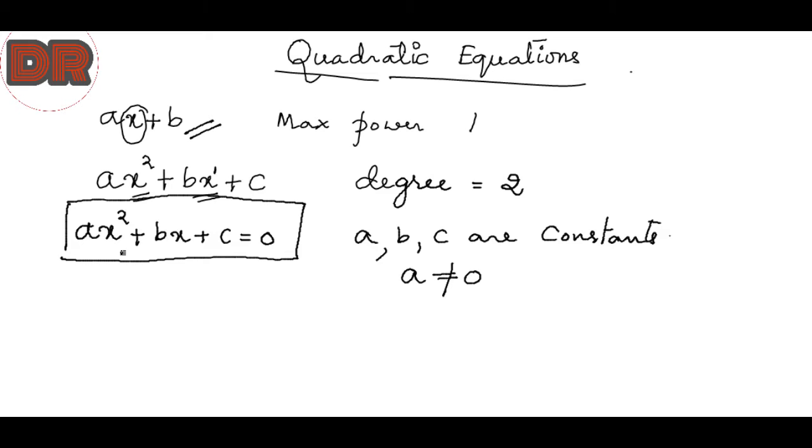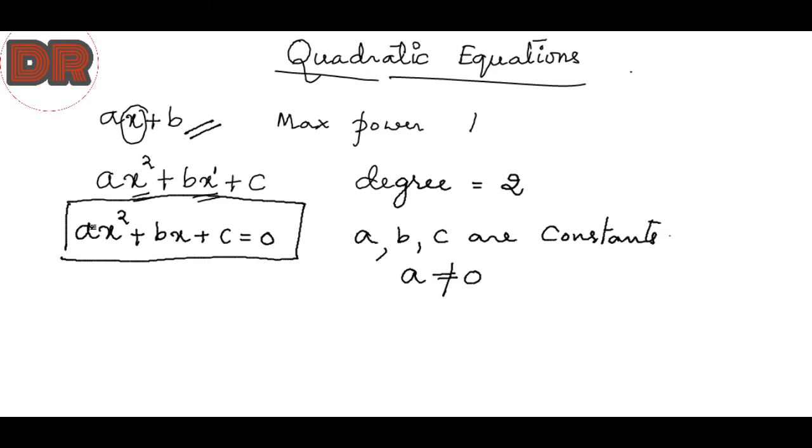So in order to have a quadratic equation, we need the expression in the format ax square plus bx plus c is equal to 0, where a, b, c are constants and a cannot be equal to 0.